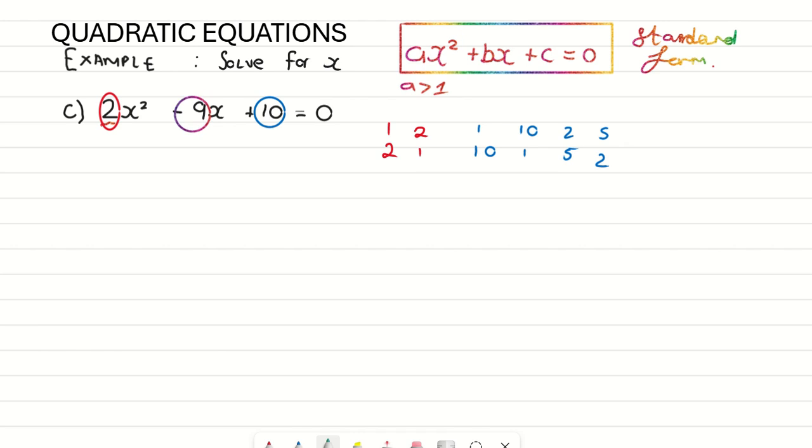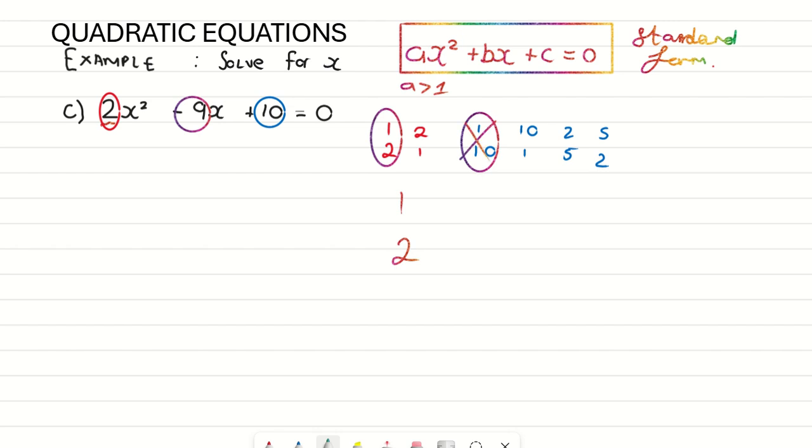So I'm going to pick my first one already, and then find a pair that matches with that. Right, so I'm keeping 1 and 2, and now I need to know which set will fit in with 1 and 2 by cross multiplication. So if we take 1 and 10, 2 times 1 is 2, 1 times 10 is 10, and 2 and 10 cannot give us 9, it can only give us 8 or 11.